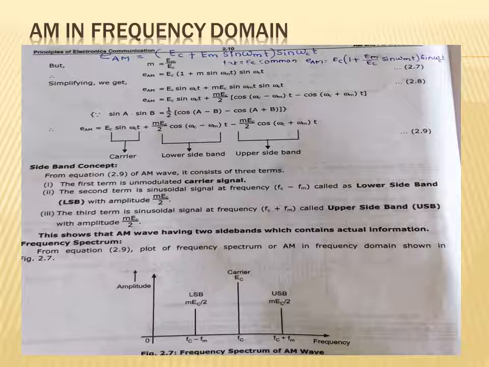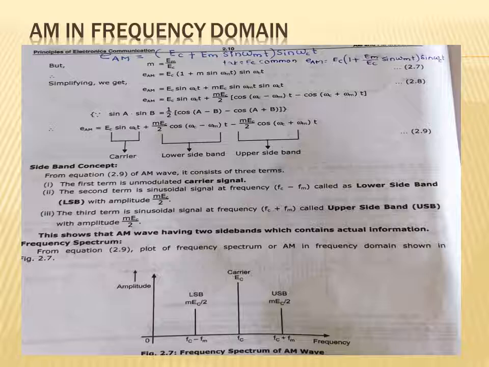But you know that M is the modulation index, the ratio of the amplitude of the modulating signal to the amplitude of the carrier signal. So put M in the equation. We get EAM is equal to EC into 1 plus M sine of omega MT, into sine of omega CT. This is the simplified equation of your AM wave.